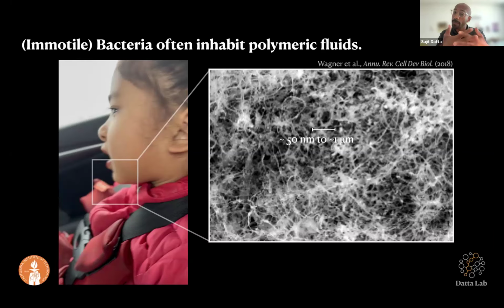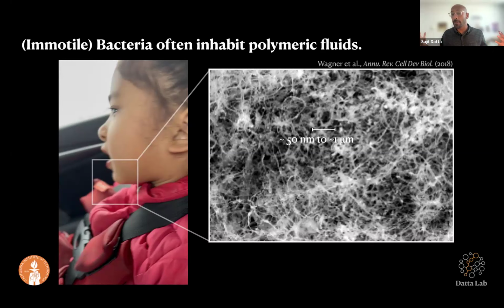And the mesh-like structure of this network helps to regulate how it functions as a biological barrier against inhaled pathogens. And so bacterial infections often arise in mucus in the body. And so we wanted to understand, what does microbial life look like in these complex polymeric fluids?